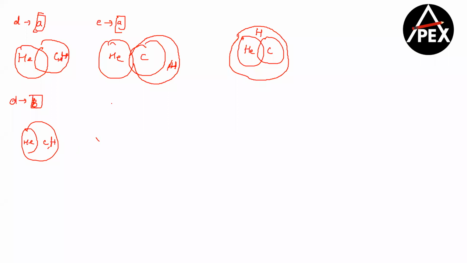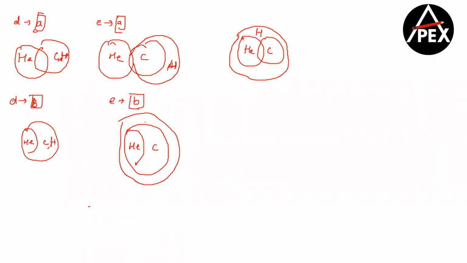Again, I have to take E with B. So I will have HE inside C and H should be outside. Let me just draw this up a little bit more neatly. Okay.